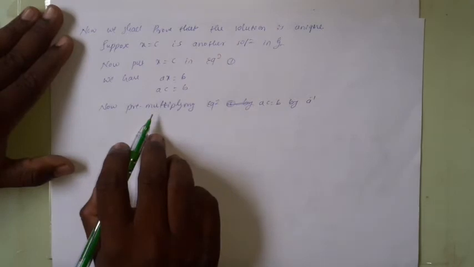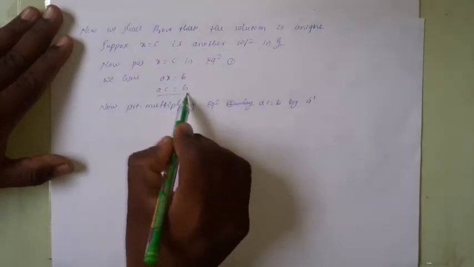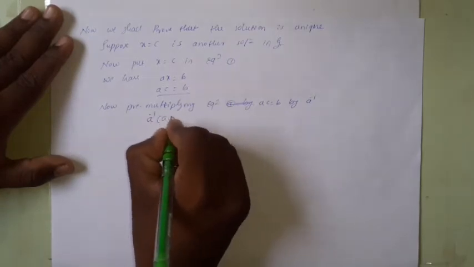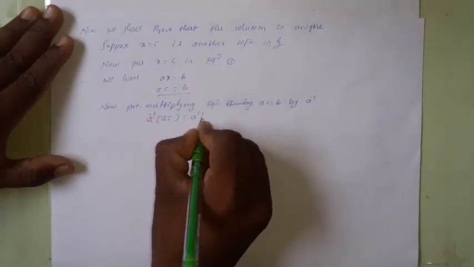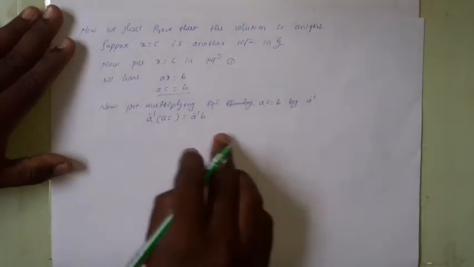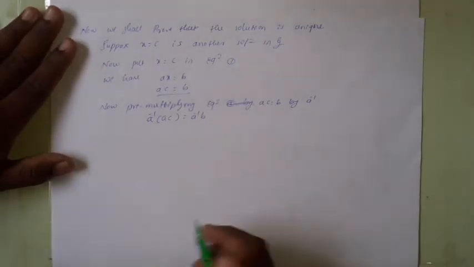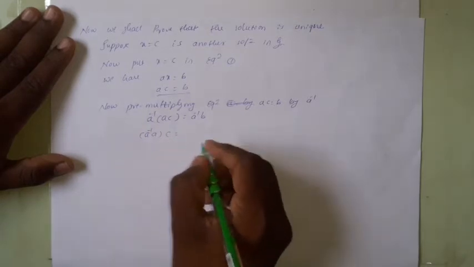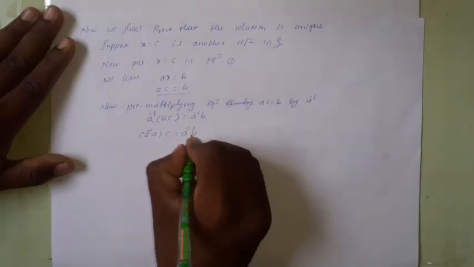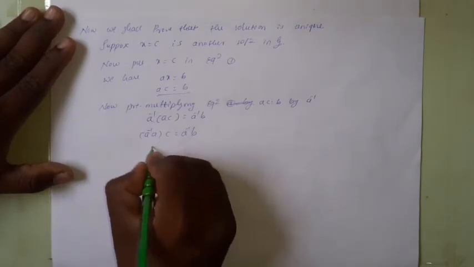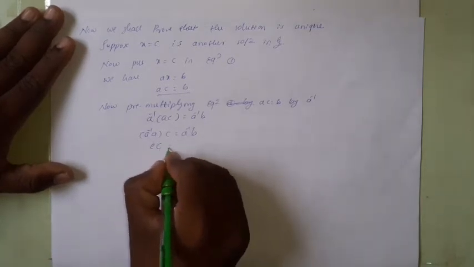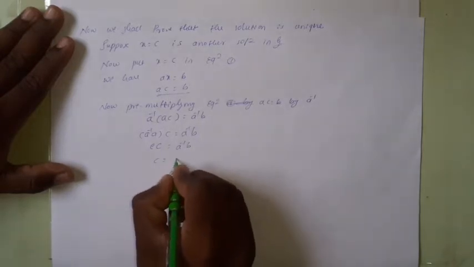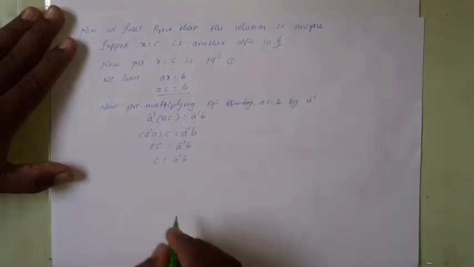So here we need to pre-multiply this equation, AC is equal to B, so that A inverse into AC is equal to A inverse into B. Already we know what pre-multiplication and post-multiplication are. So now this can be written as A inverse into A, into C, is equal to A inverse into B. Here A inverse into A is equal to E, and then E into C is equal to C, that is equal to A inverse into B.